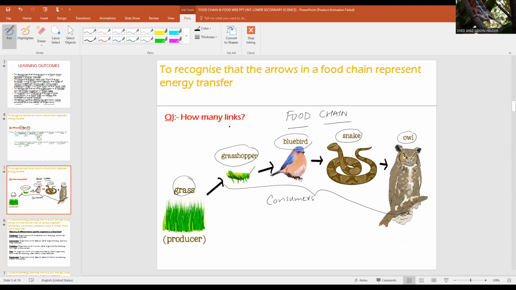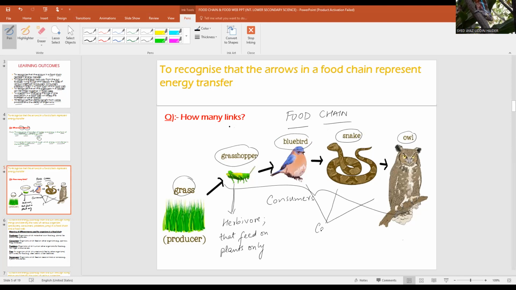Some of these consumers are herbivores. For example, grasshopper is a herbivore. Herbivores are organisms that feed on plants only. Bluebird, snake, and owl are examples of carnivores.